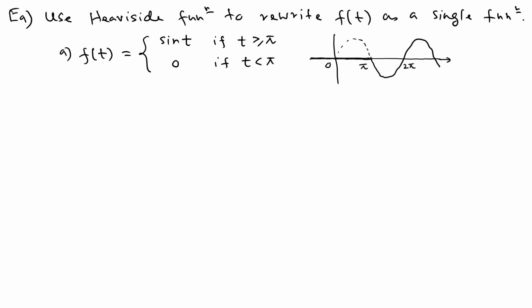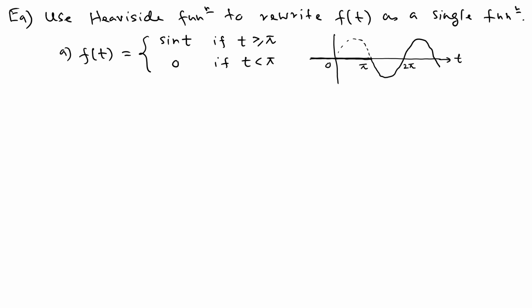Now we can use the Heaviside function for that. We want to switch on at pi. To do that, you can use u(t minus pi), because once you use the u(t minus pi) function, right after pi it's going to jump to 1. Then you multiply by the function that you have.